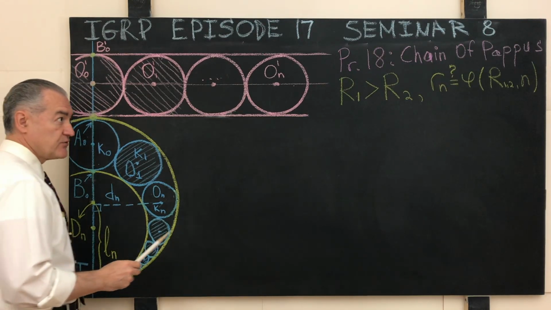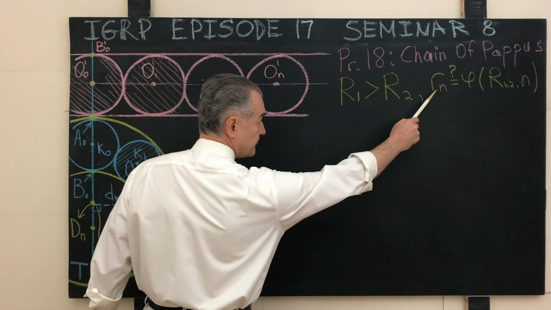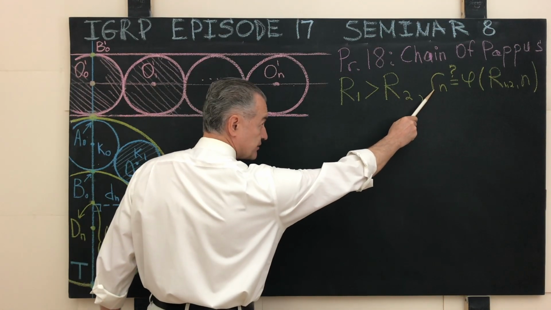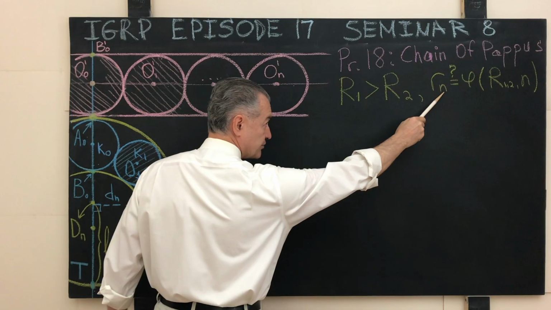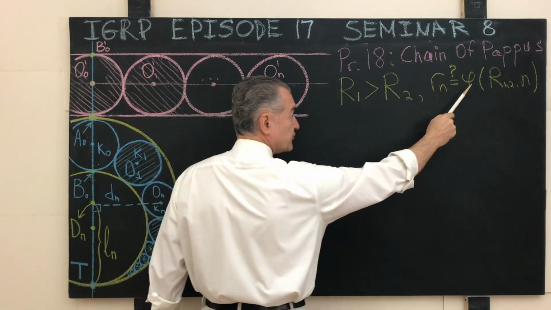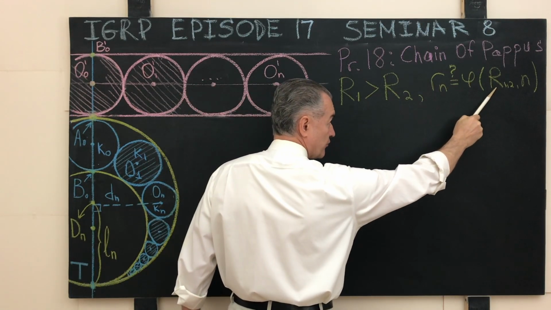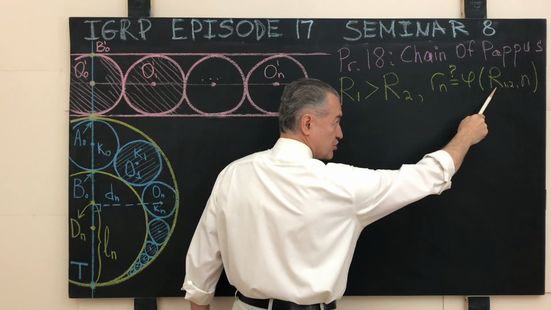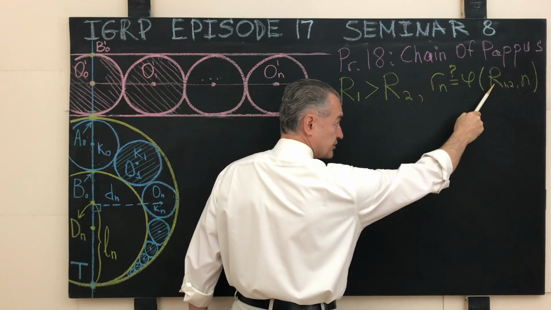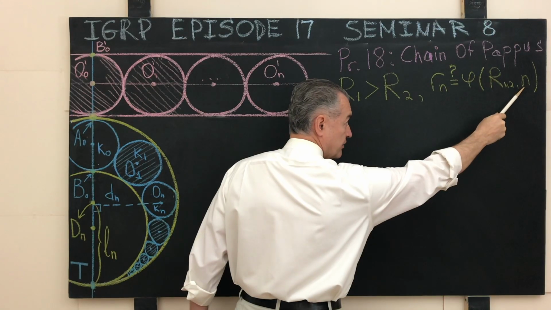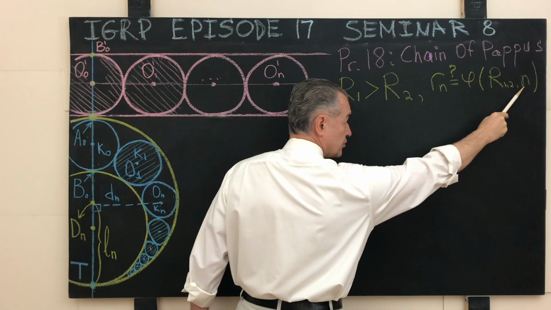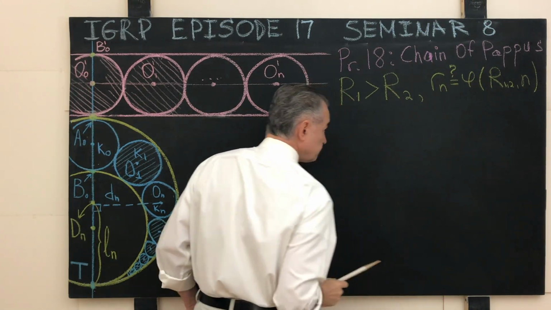And the objective of the problem is to find the expression for the radius of the nth inscribed circle as a certain function of the length of the radii of the generating circles, uppercase R1, R2, and the ordinal number of that circle n.